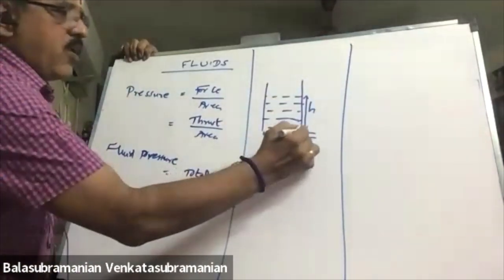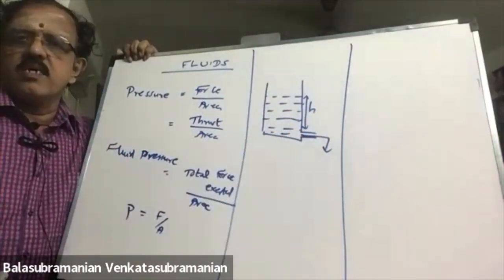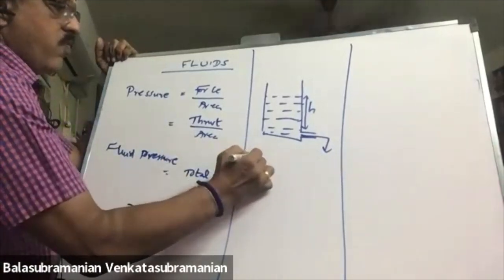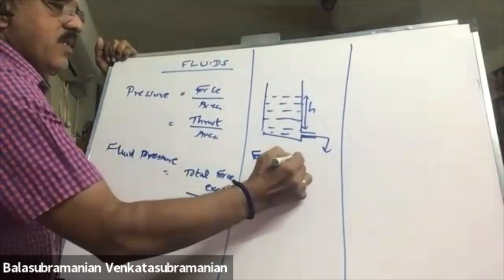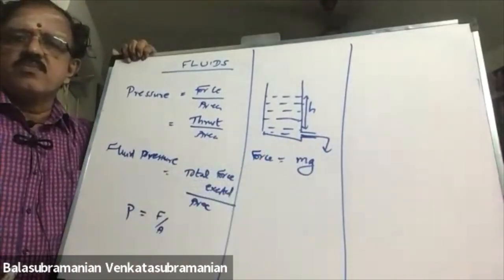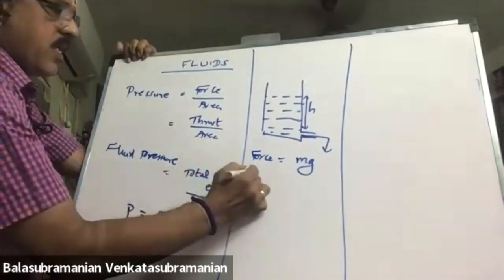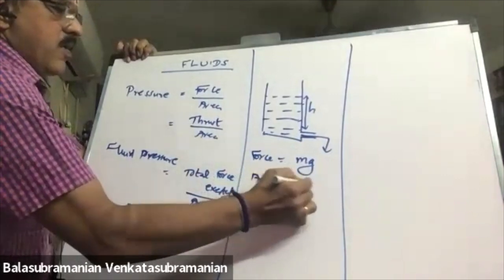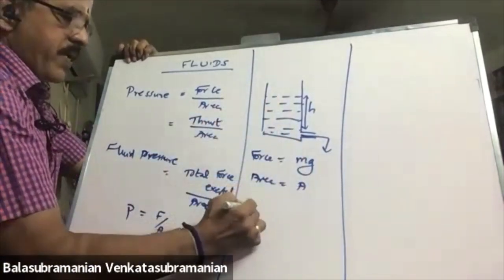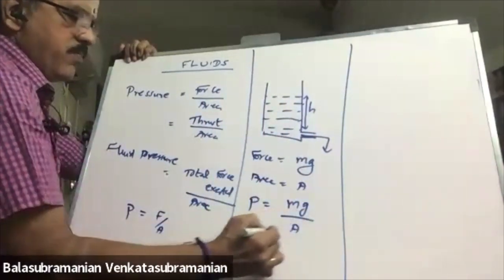The pressure of the liquid which is coming out here is force by area. The force is nothing but the weight of the liquid which is coming out. mg is the weight, and the area applied here is A. So pressure is equal to force by area, mg by A.